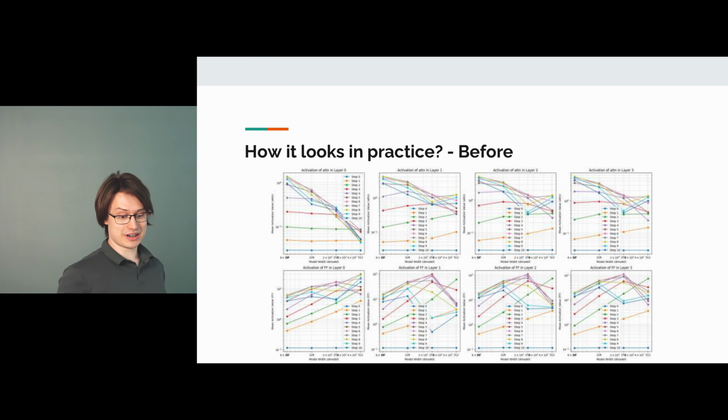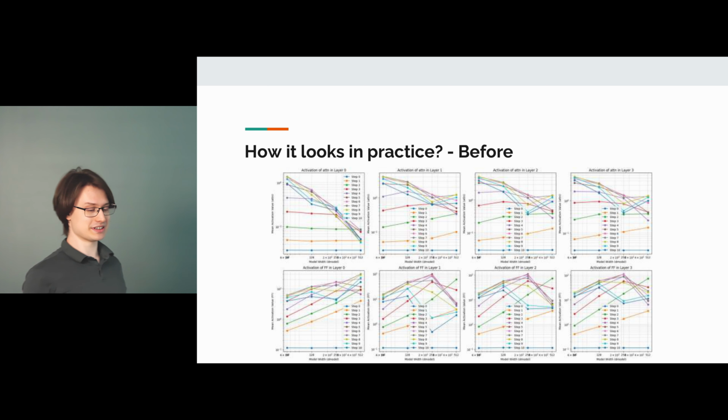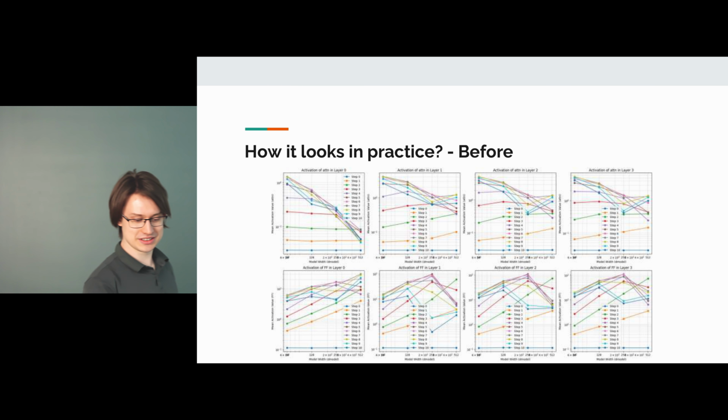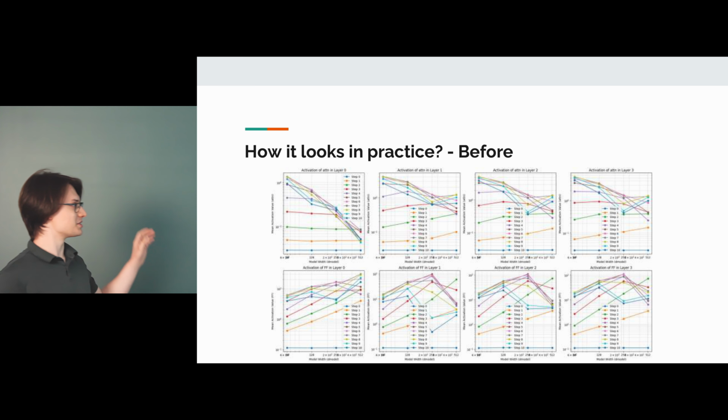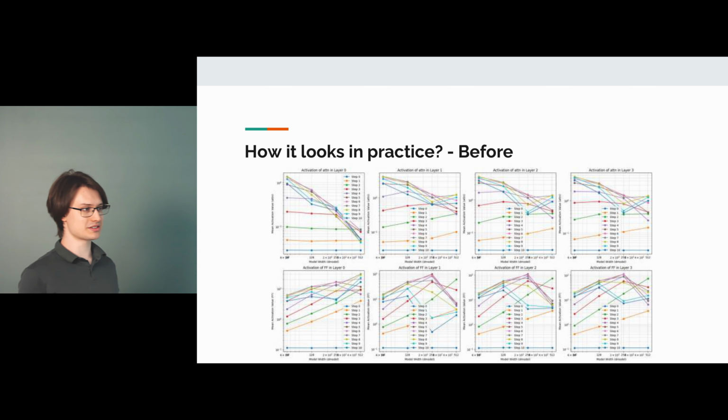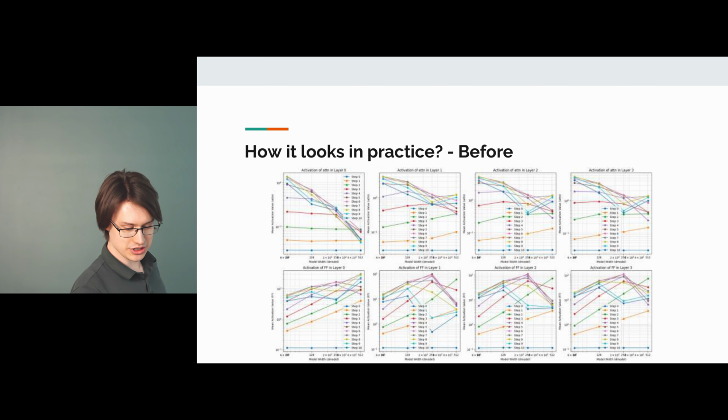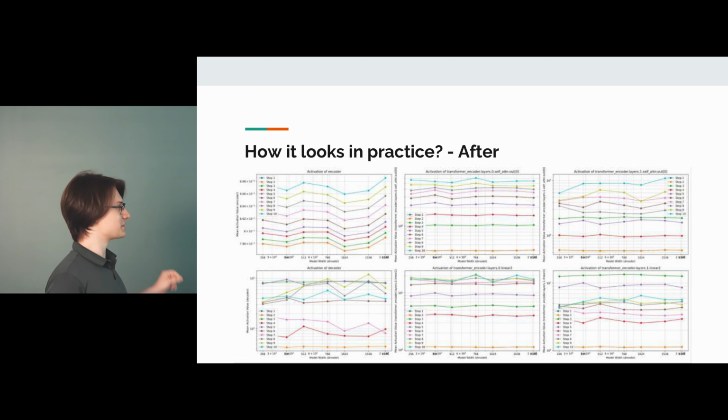And how does it look in practice? Before we implemented muTransfer, we made a lot of plots, and we see either random things on the bottom plots or some very clear trends, mostly on the top plots in some layers, which do get straightened out. The x-axis is model width, and the y-axis is the activation size. After implementing it, those lines are basically flat.